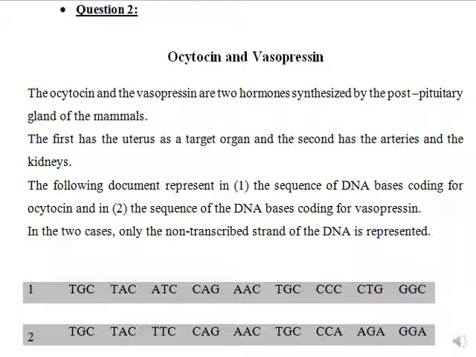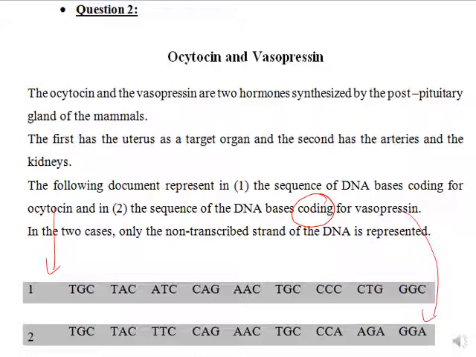The document below is showing in number 1 the sequence of the DNA bases coding for the oxytocin, and in the second one coding for vasopressin. Pay attention here, coding. Okay, so they said coding. So if you want to determine the sequence, pay attention here.